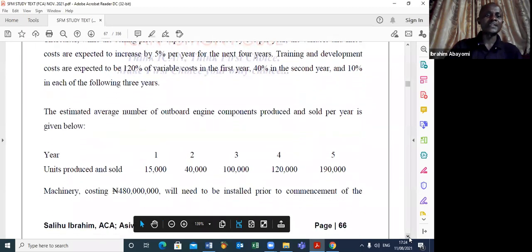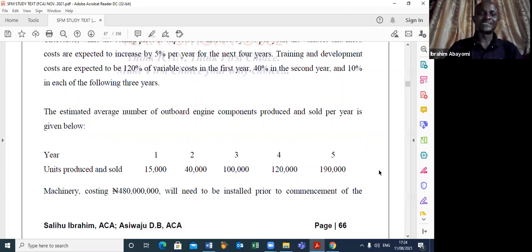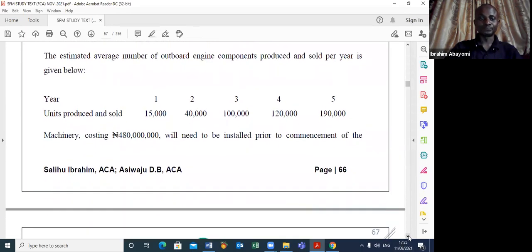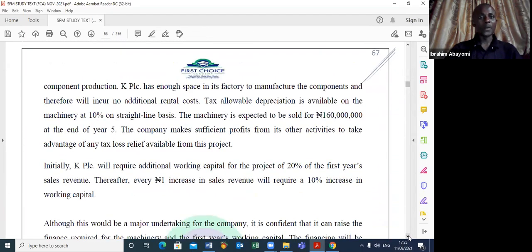The estimated average number of outboard engine components produced and sold per year is given below. We have year 1 to year 5: 15,000, 40,000, 100,000, 120,000, 190,000. Machinery costing 480 million naira will need to be installed prior to the commencement of the component production.